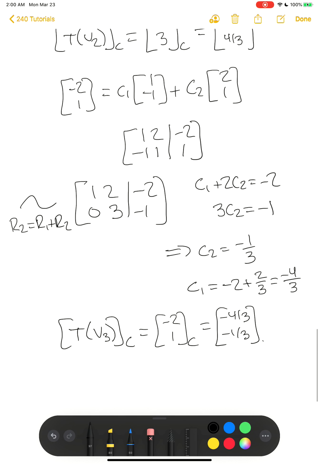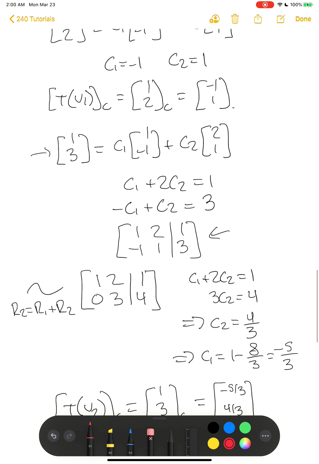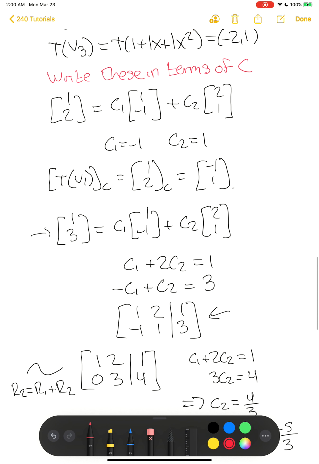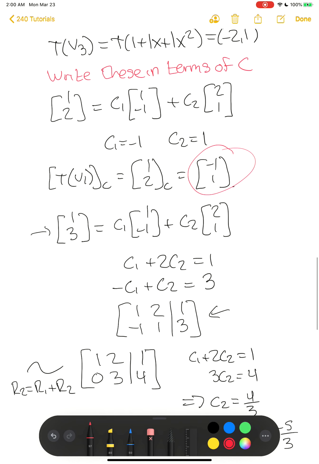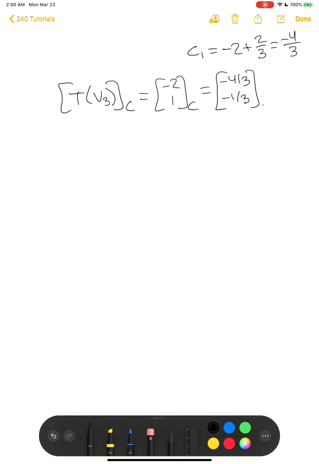So lastly, we can collect all of our vectors that we had. We have this one here, negative 1 and 1, which forms our first column of T, B, C, negative 1, 1.